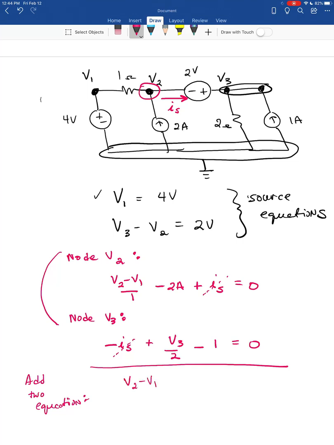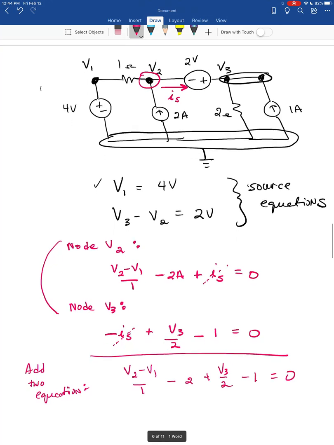And I'll have (V2 minus V1) over 1 minus 2 plus V3 over 2 minus 1 equals 0. So I'll have a single equation that came about as a consequence of adding these two.